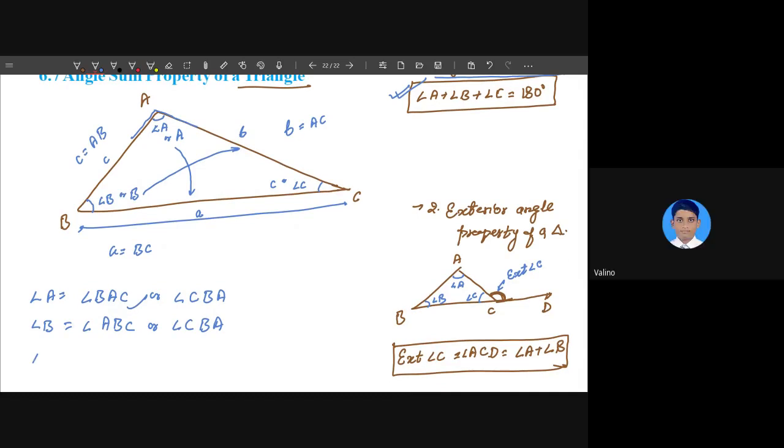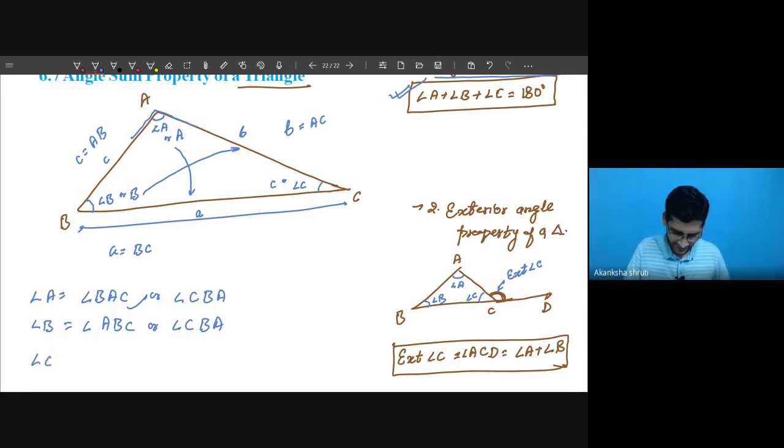Similarly at vertex C, the full form of angle C is angle ACB or angle BCA. It means this. So this is the common denotation. So rather than writing the angle in this bigger form with three alphabets, we prefer to write the internal angle by a single alphabet.